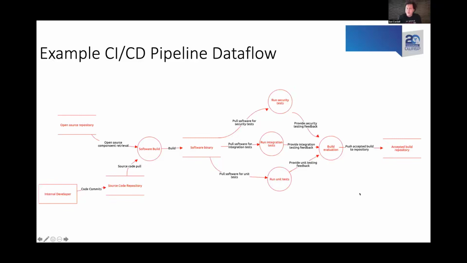If the build passes, it gets passed into some sort of build repository and then distributed out to others, right? Your process may have different steps and different controls, but this is at least a template that you can work from, augment, and customize for your environment.